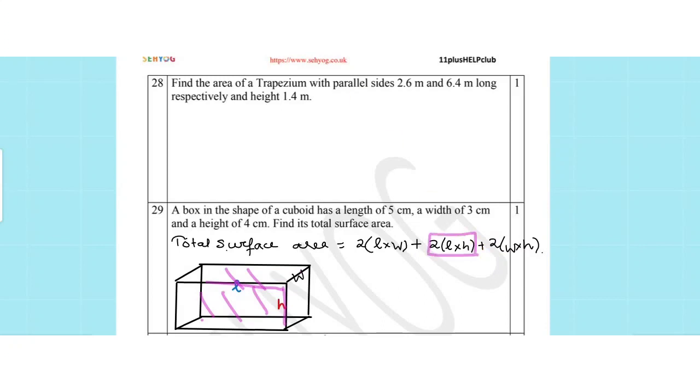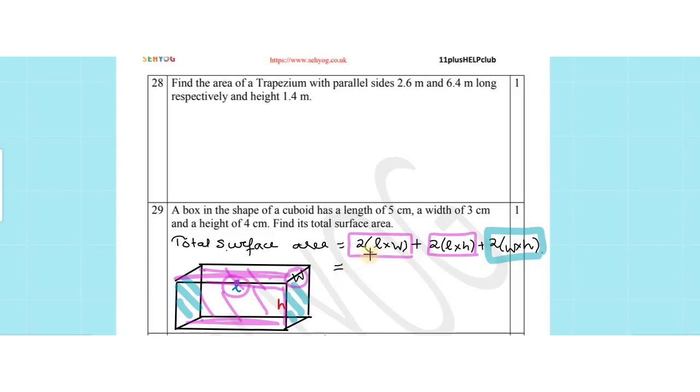Two faces of length times height, so 2 times length times height. Again, the left hand side and right hand side have the same area of width times height, that is also 2 faces, so 2 times. Finally, the ceiling and the floor, each of area length times width, so 2 times length times width for 2 faces of that area.